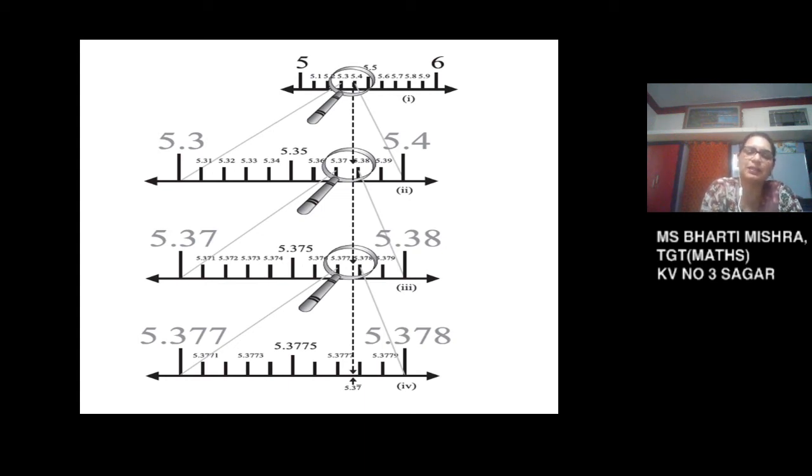Now we are considering 3 places after the decimal and the enlarged view again 10 numbers. So 10 numbers in between 5.377 and 5.378. The number lies here that we have to locate. It is after 5.3775, it is 5.377. So we have enlarged and represented the given decimal number on the number line, representing the magnification method.